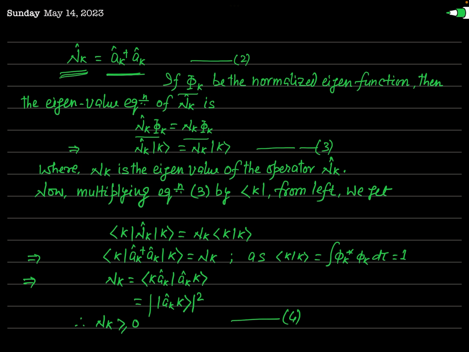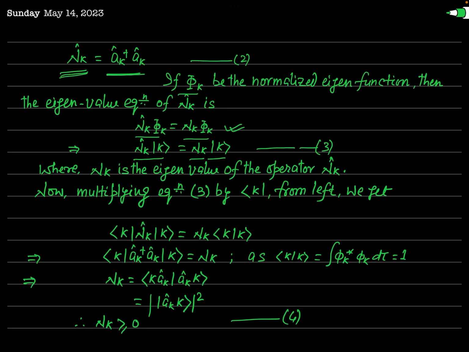Equivalently, in the ket symbol, you can write nk hat ket k equal to nk ket k. This ket k represents the kth quantum state or kth eigenvector, which is phi k. In the ket symbol, instead of phi k, you can write only ket k.